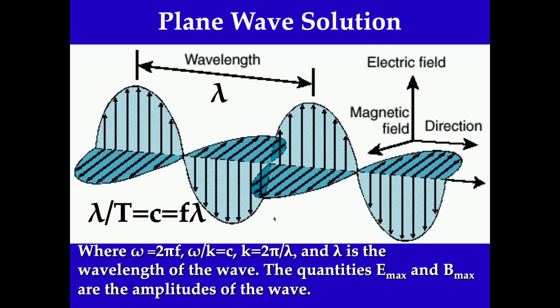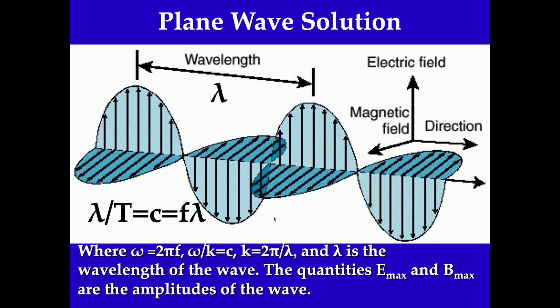And we're going to assume that the source oscillates sinusoidally. So the plane wave solutions give you a wave that repeats just like the sine or cosine function. The distance between peaks in the wave, basically the distance between points where the wave has exactly the same physical behavior, is called the wavelength.